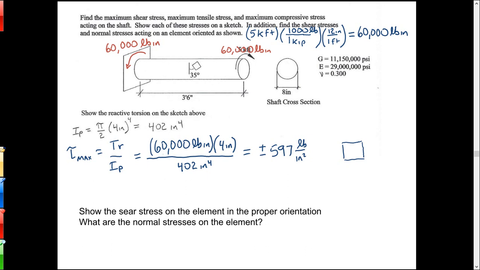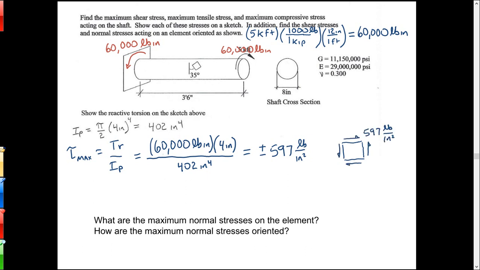So the shears look like that. They're all 597, all the magnitudes are equal. And that's the same magnitude as the normal stress. I think I've got that on your formula sheet somewhere.